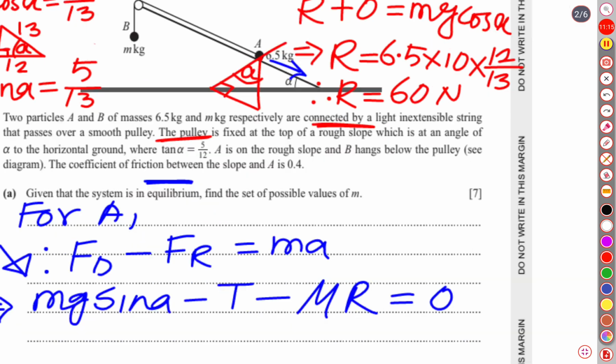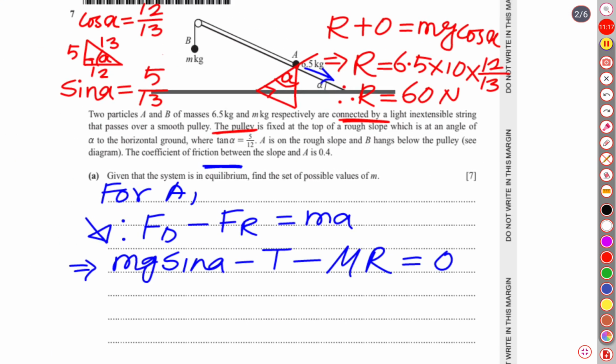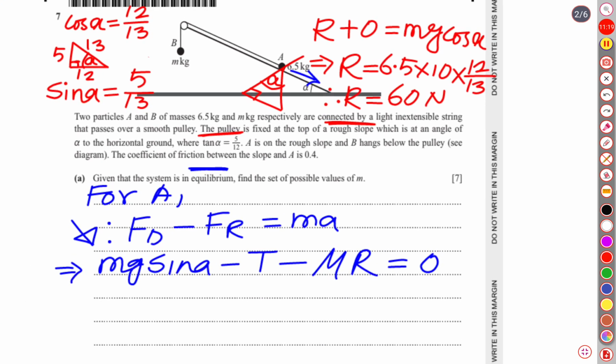Let us substitute the values of m and g. M stands for 6.5, the mass of the particle. So let us write 6.5 into acceleration due to gravity, which is 10. And sine alpha, we have already obtained, is 5 over 13. So 5 over 13 minus mu.